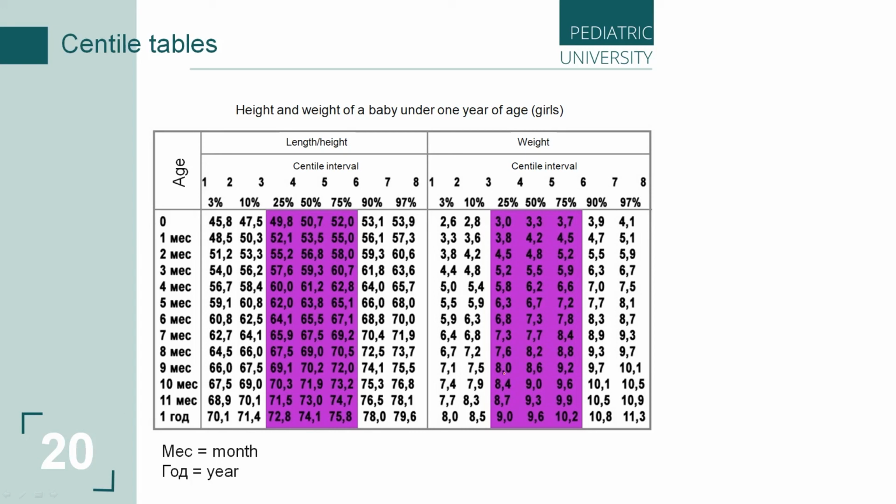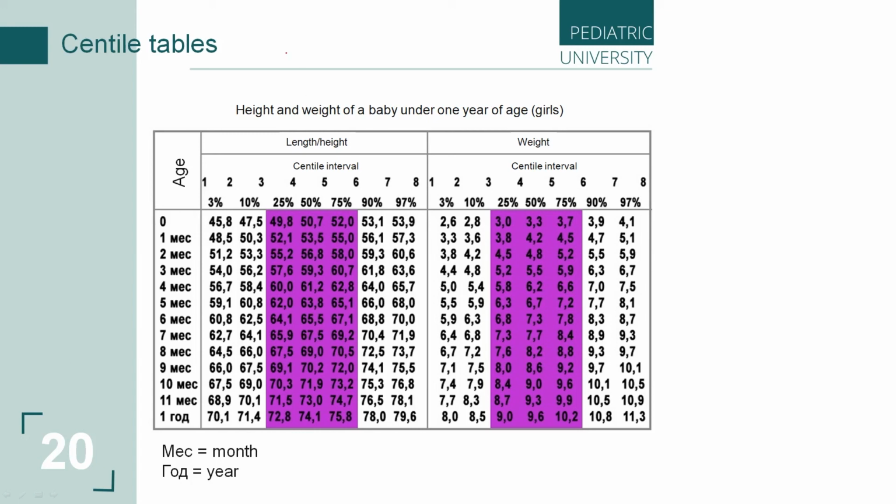On the slide is a centile table for the height and weight of a girl under age 1. This data is compiled for a very large group of girls distributed by percentiles. It turns out that 3% of girls are born less than 45.8 centimeters tall and so on.